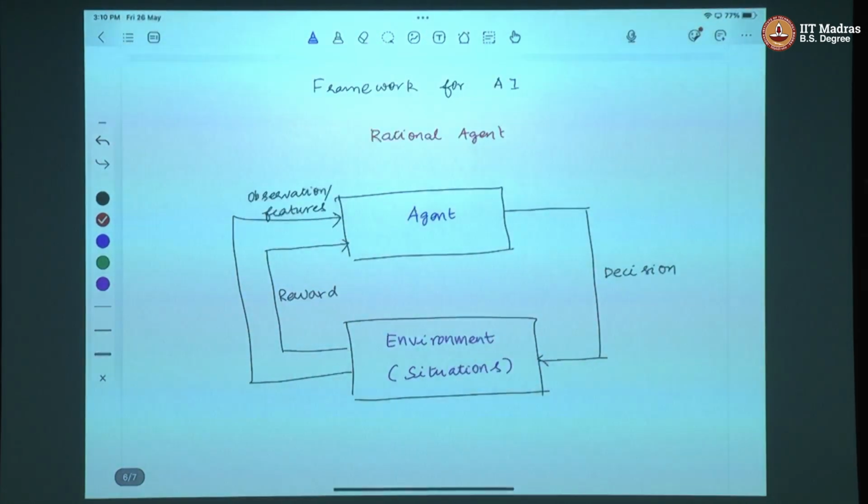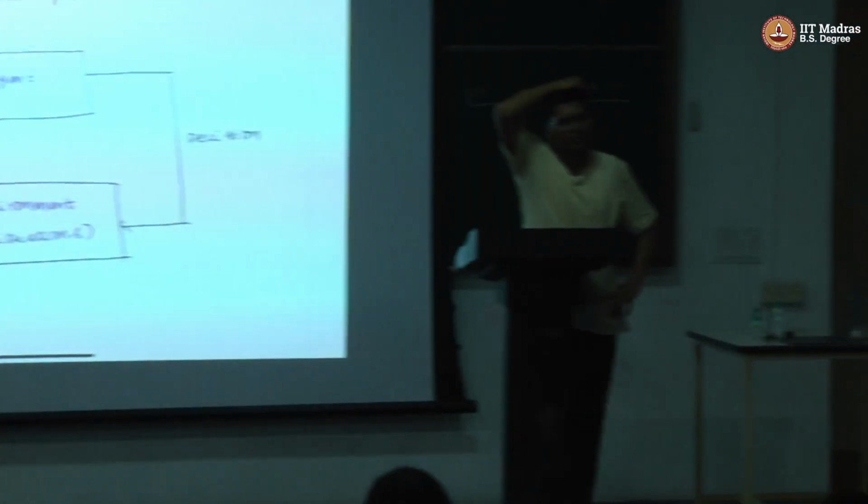Observing. Okay, just observing. Give a photo to someone and ask them to describe what is happening in the picture.